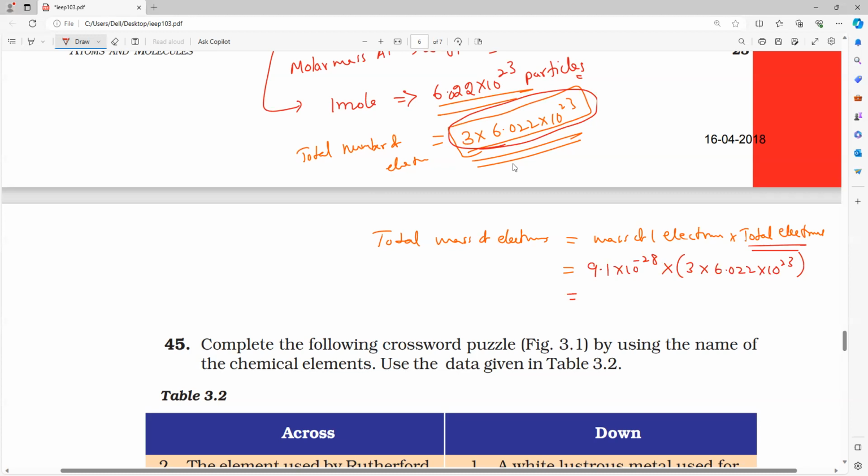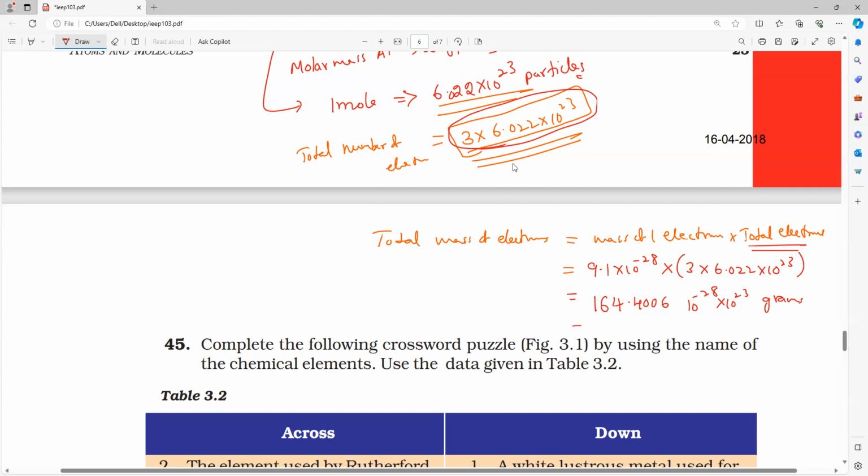So multiply it and find it. 10 power minus 28 into 10 power 23 gives minus 5. So 9.1 into 6.022 into 3 is equal to 164.4006, and that is the mass in grams.